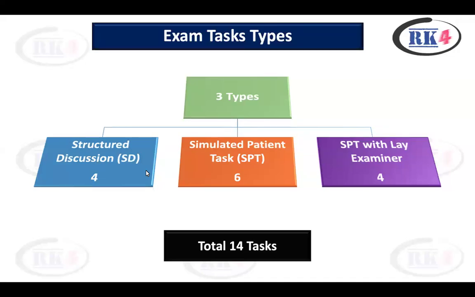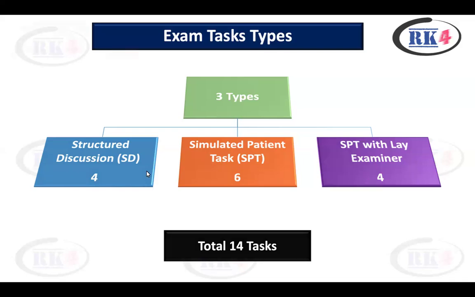Is this a safe doctor? Is this doctor making things simpler rather than complicating them? That's the main answer the examiners are looking for. If you keep that in mind and prepare your exam like that, I'm sure you're not going to miss anything, and you're going to pass in the very same attempt.